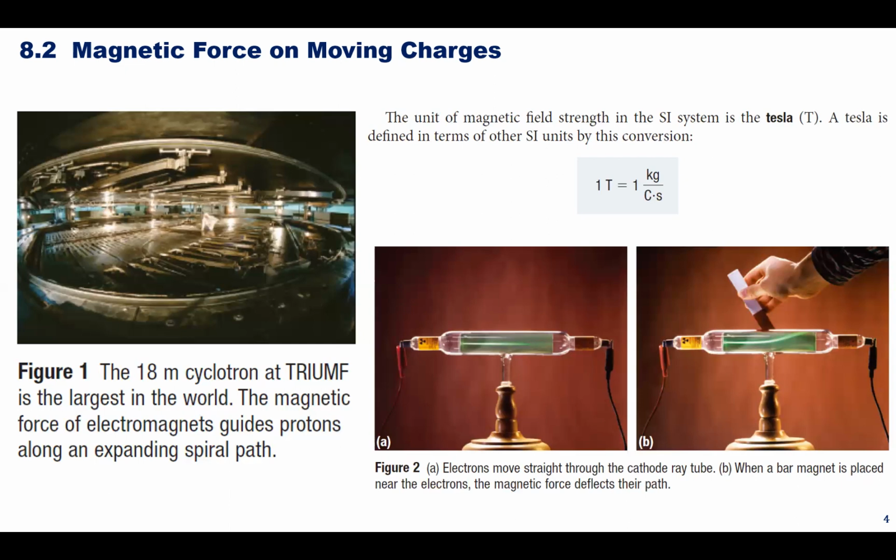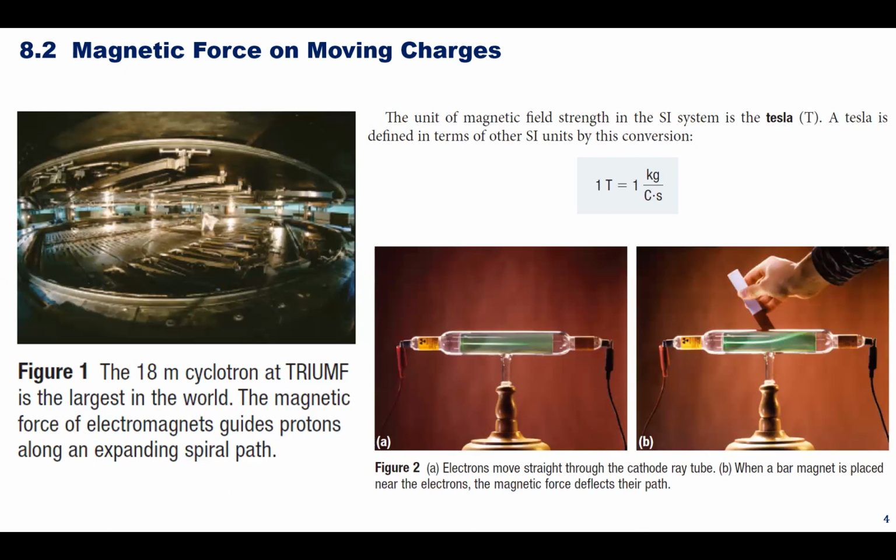The magnetic field close to a refrigerator magnet has a magnitude of about 0.001 Tesla. The magnetic field strength near Earth's surface is approximately 50 μT.